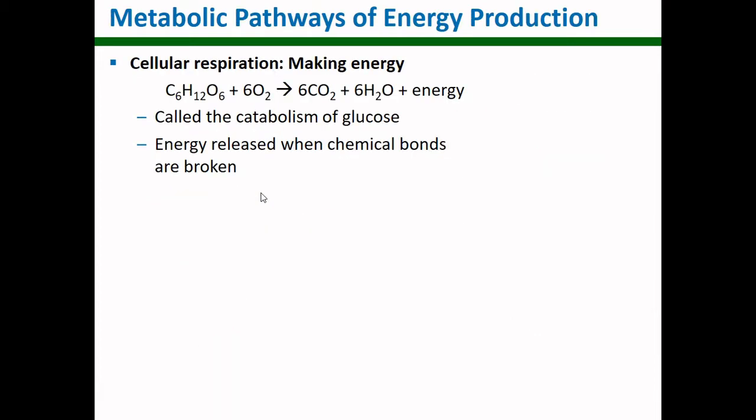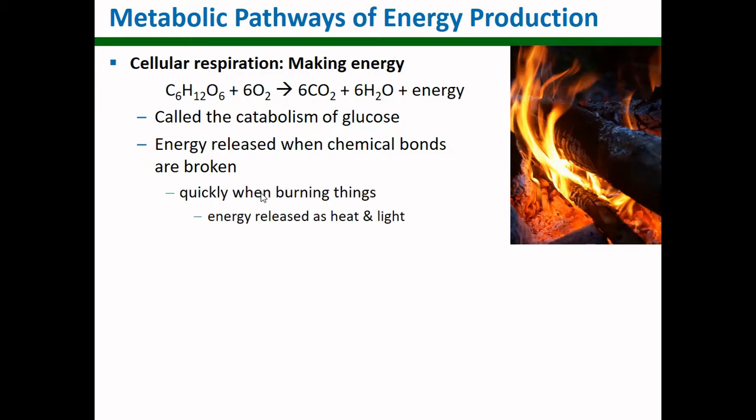What we're going to focus on is the cellular respiration of glucose, or breaking down glucose to make energy. This is the most commonly studied form of cell respiration in biology, but there are lots of different sugars that can get broken down, but they all kind of happen the same way. The big thing is that when all of these bonds in this 6 carbon, 12 hydrogen, 6 oxygen molecule get broken down, energy is released.